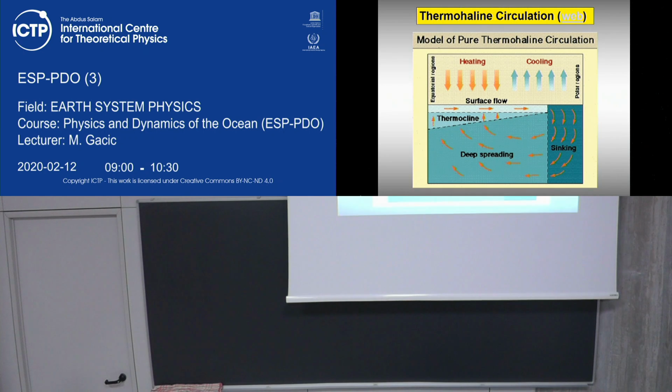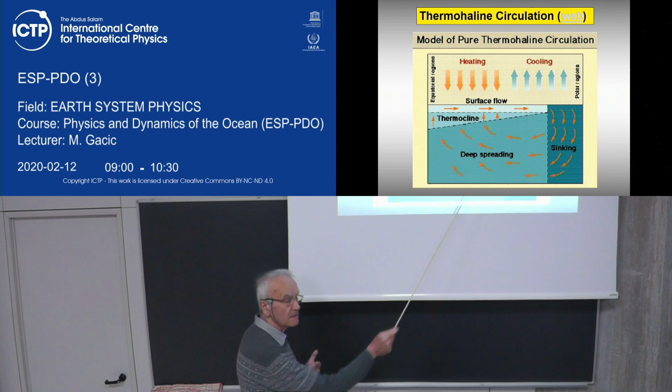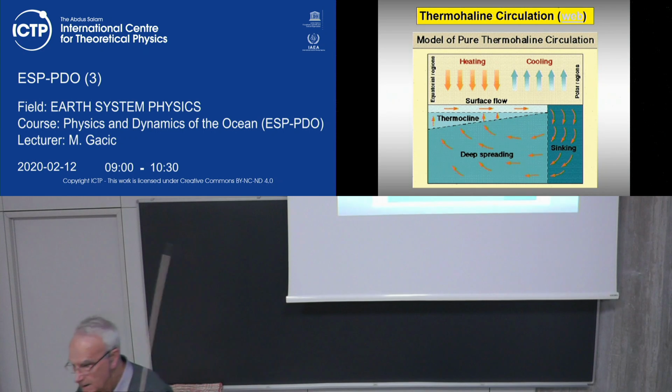But continental wind also means that the air coming to the sea is dry. Being dry means that it causes very efficient evaporation from the sea surface. So we have two processes which are contributing to the increase of the density in the surface. One is cooling.